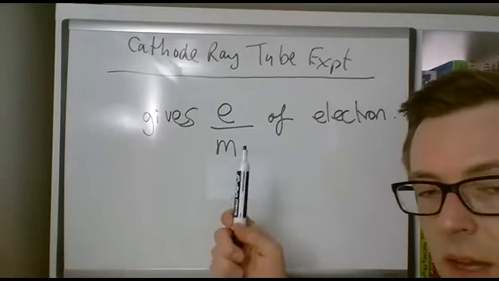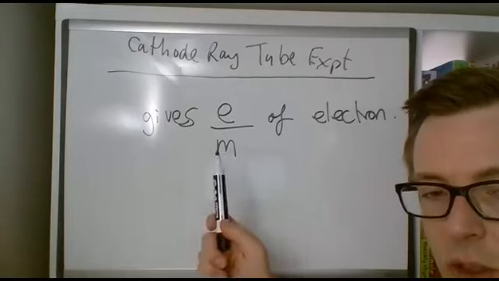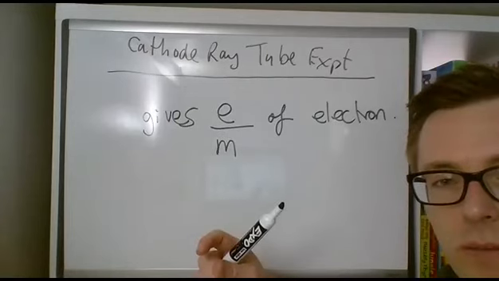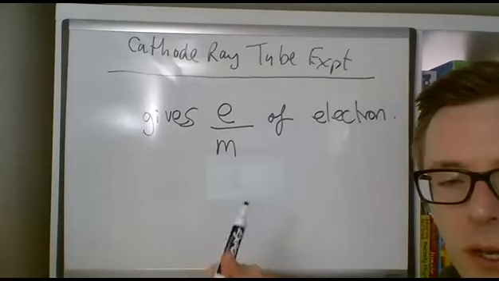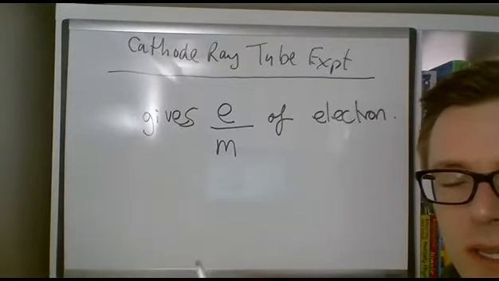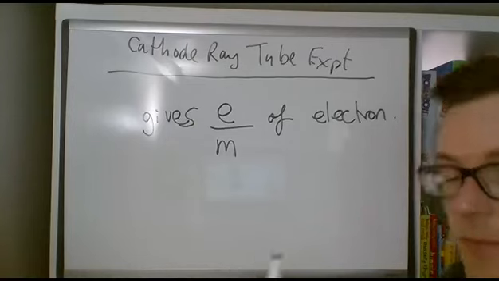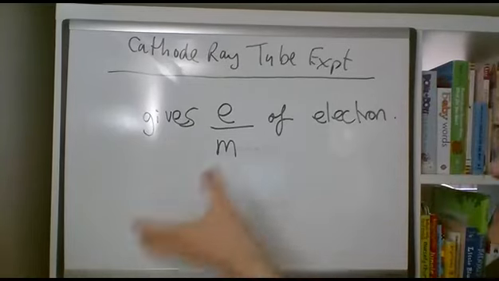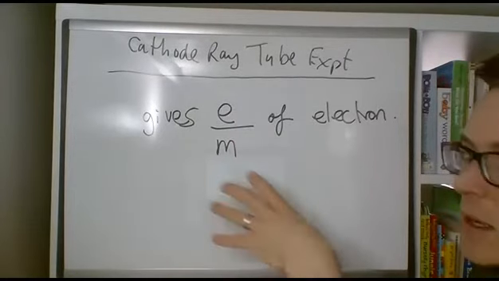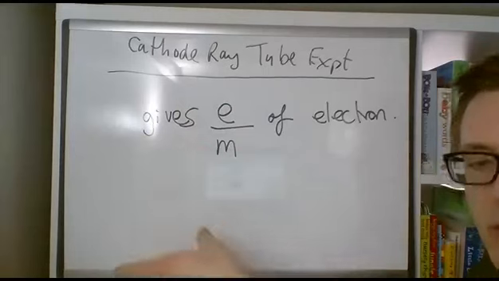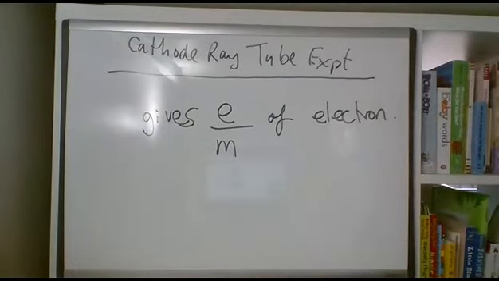It doesn't give the charge or the mass, it gives a ratio of the two. Alone, it's incomplete. It won't tell you the charge or the mass, just the ratio of the two things that you don't actually know. So another experiment was needed to identify either the charge or the mass, and combine it with this to give both the charge and the mass separately. And we'll come to that in a minute.